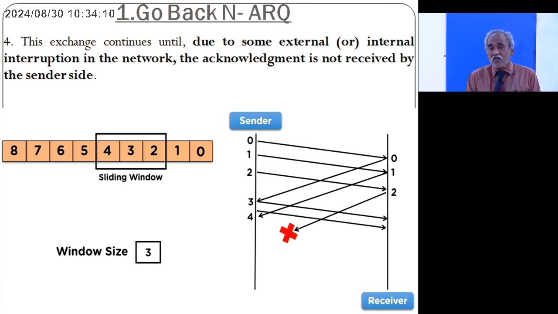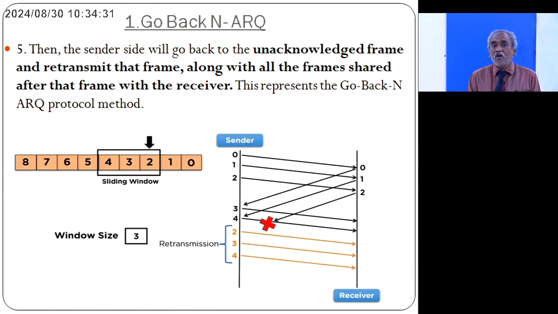While sending the acknowledgement from the receiver to the sender for the second frame, it may be corrupted, lost or damaged. Maybe there is some external or internal interruption in the network. The sender's responsibility is to send all the subsequent frames to the receiver.